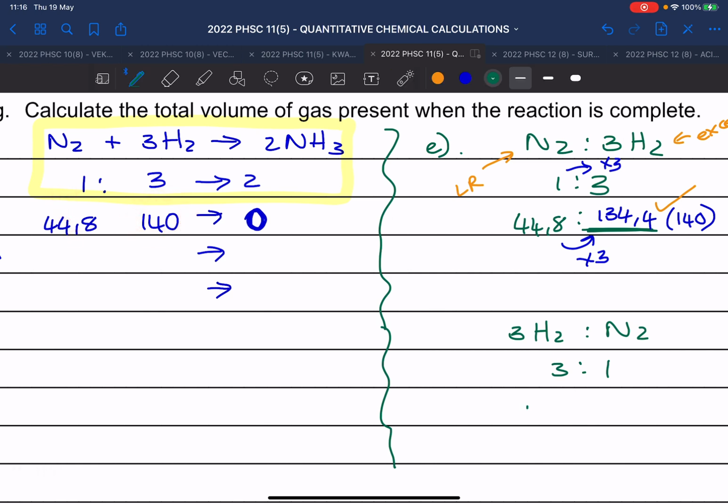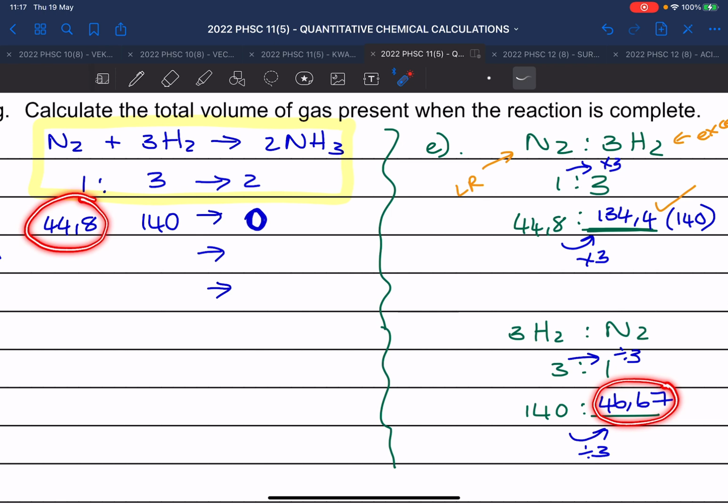So if I use 140, how much of that will I need? So there you divide by 3. What do you get? Seven. Okay, so you say, right, I need 46.67.